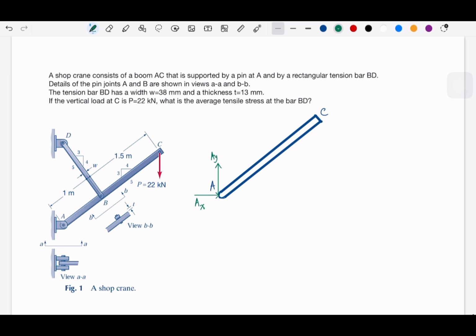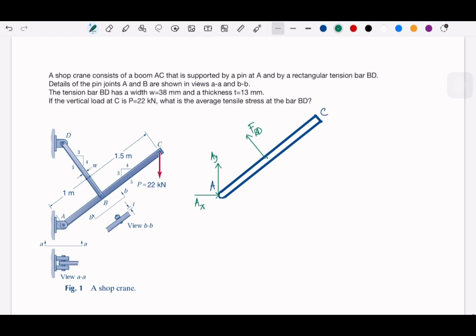B. Let me just write B here. So this FBD, okay, is going to be the one that we are looking for.